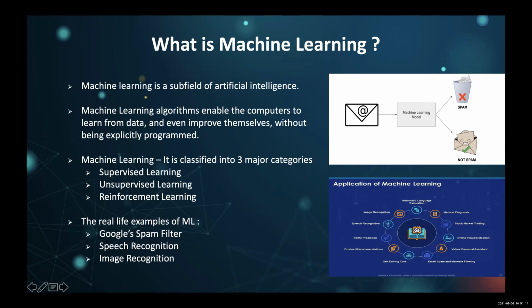The machine says, oh, I was wrong, I should not have marked that email as spam. So in the near future, the machine won't mark that mail as spam. This is a perfect example of reinforcement learning, wherein the machine is getting a negative feedback and acting accordingly.